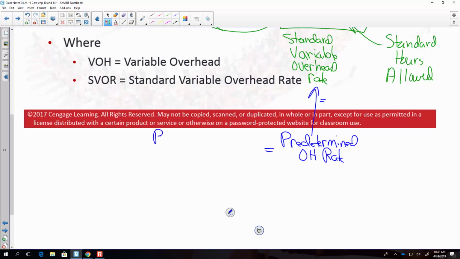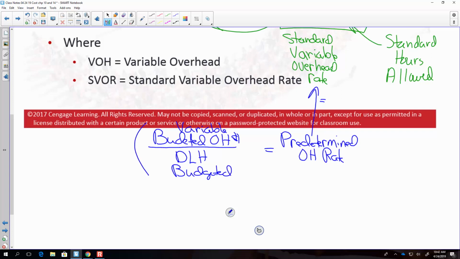To do so, we took the budgeted overhead, in this case the variable amounts, in dollars, divided by a budgeted level of direct labor hours. We learned this in chapter 4 when we did job order costing, and we'll do it again in this chapter with our applied overhead amounts. So, hopefully some of this will be a little bit of a review, maybe. So we'll do our best as we go through the chapter.